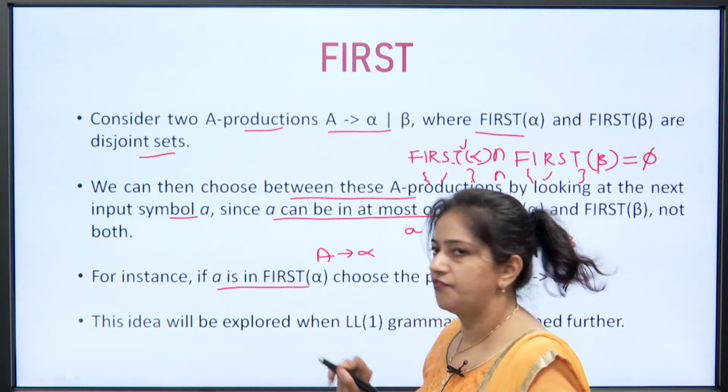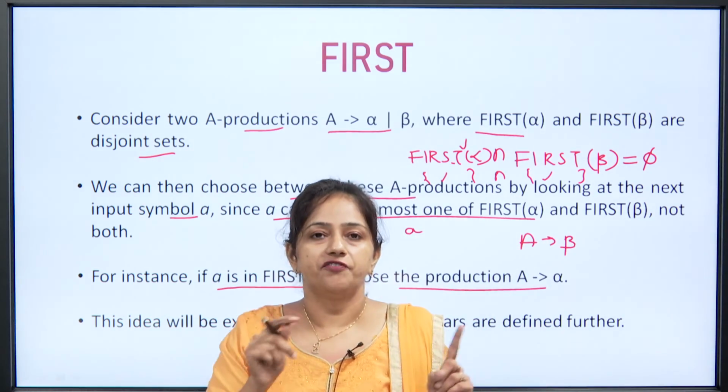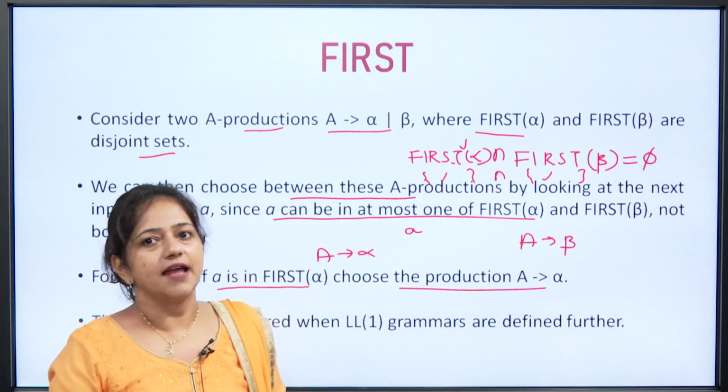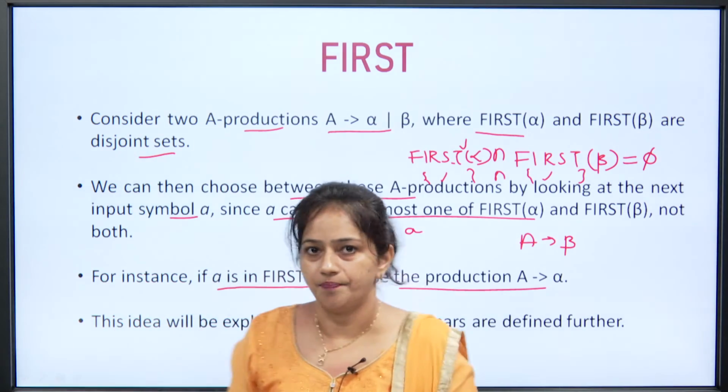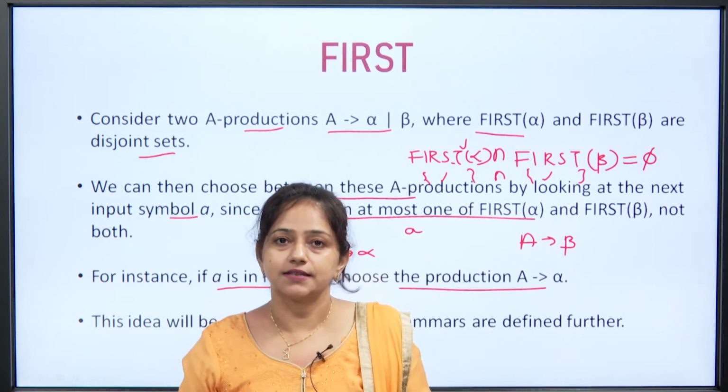If a is in first of alpha, the production A to alpha is chosen. If a is in first of beta, the production A to beta is chosen. Because the two sets are disjoint, no symbol is common. That gives us the idea of LL1 grammar, which we will discuss later.